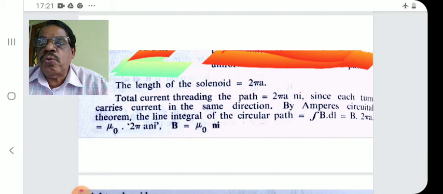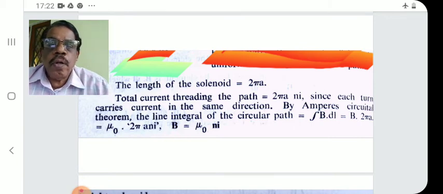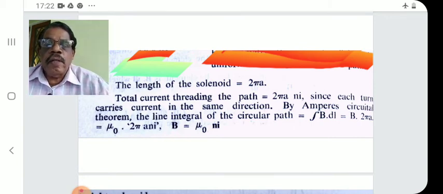By Ampere's circuital theorem, the line integral of the circular path, integral B dot dl, is mu 0 into 2πa nI. B into 2πa. Line integral B dot dl is B into 2πa, since integral dl is 2πa here.